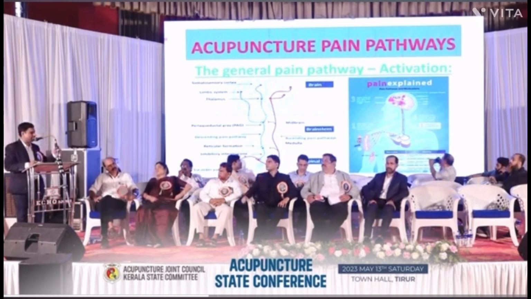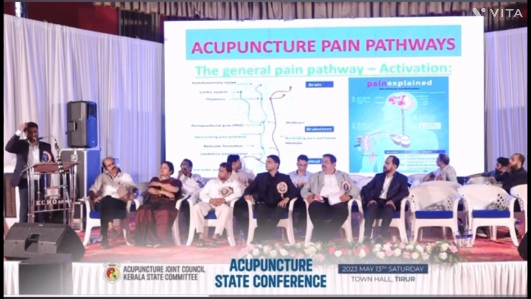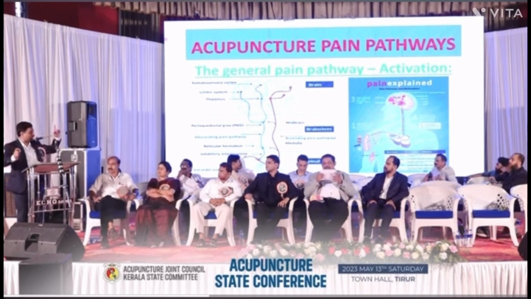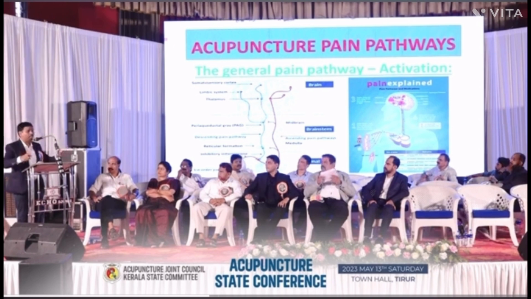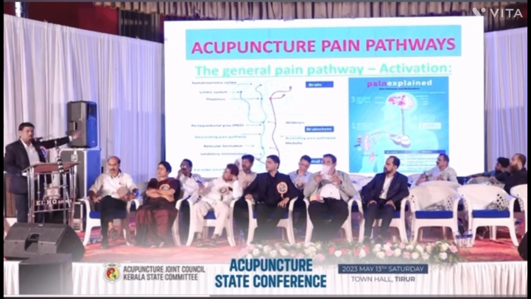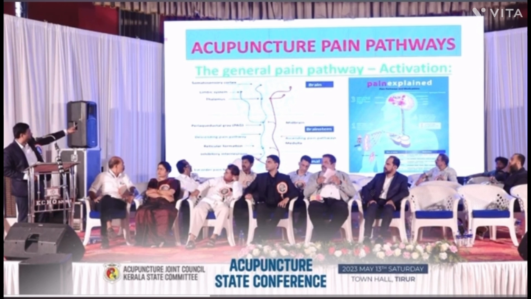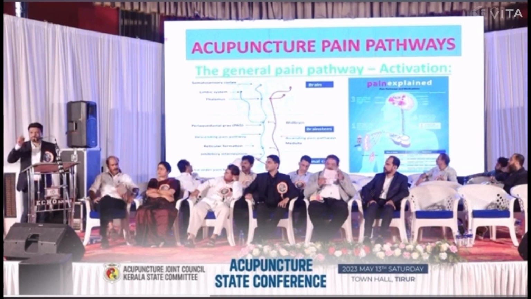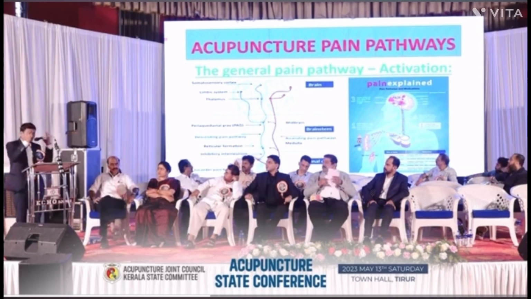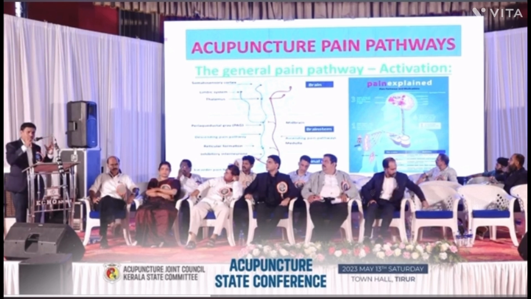Traditional Chinese medicine says when you have a top disease, treat down, and vice versa. When the problem is on the right side, treat on the left side, and vice versa. Because when you look at the general pain pathways, it is perception, modulation, and transmission of the pain.